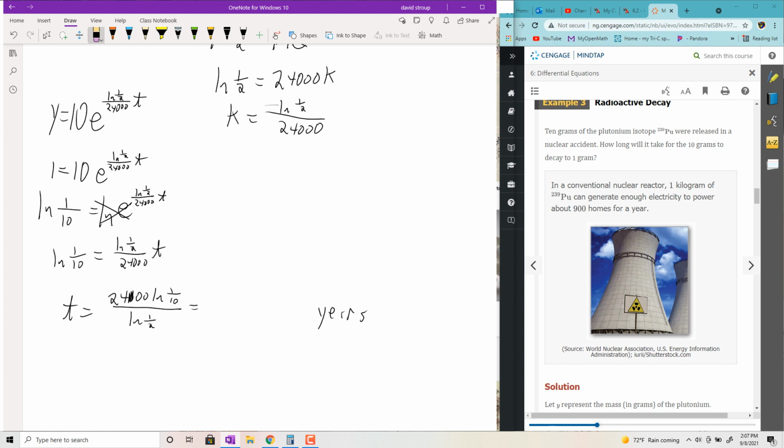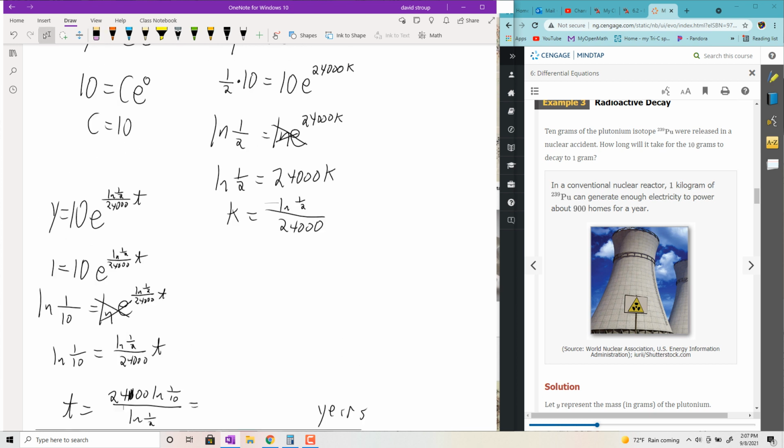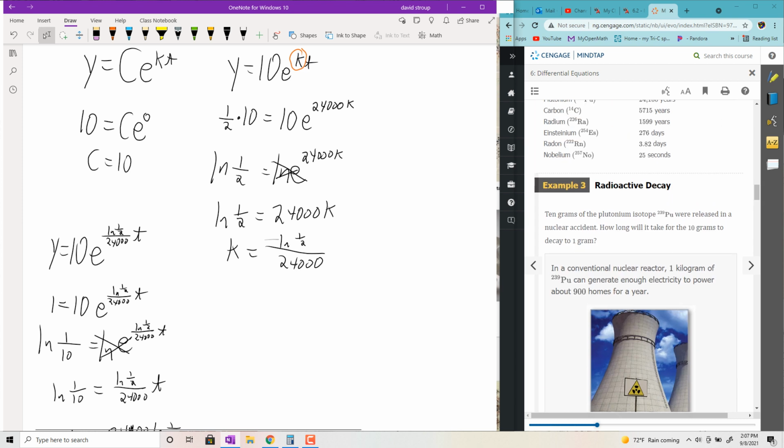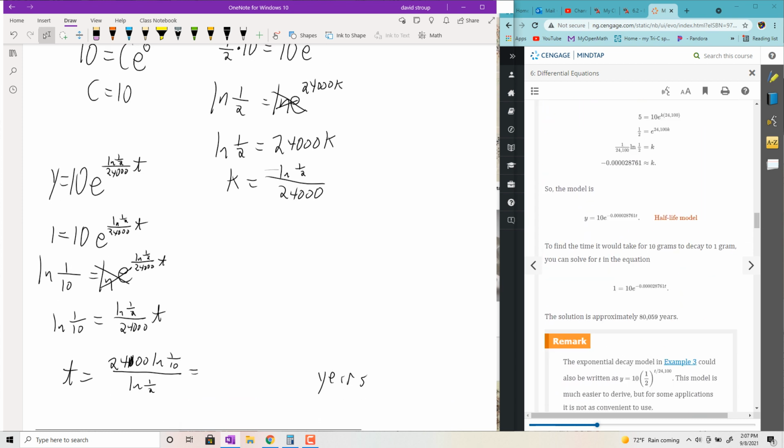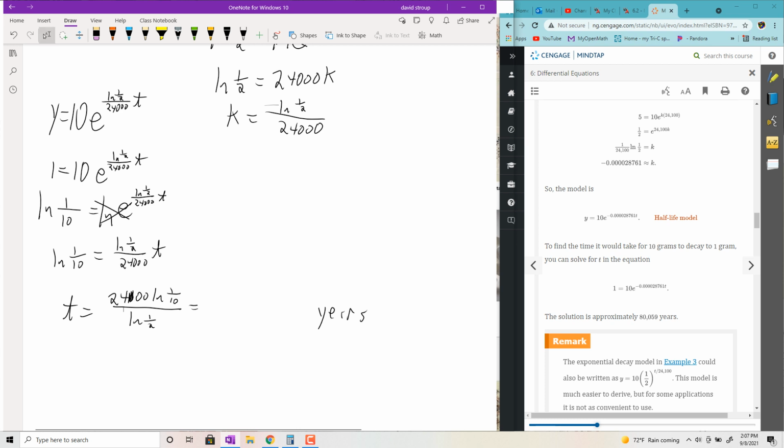Little mistakes can lead to big failures if you're an engineer, so you need to be very careful. Now I'm getting 80,058, which is probably what they got. So 80,000, but I'm getting 80,058.